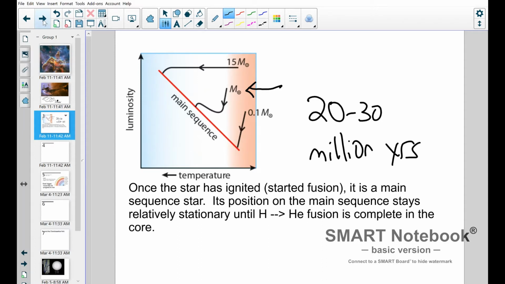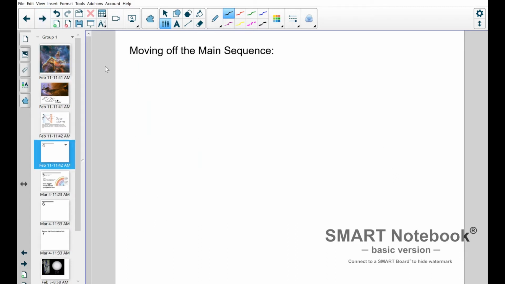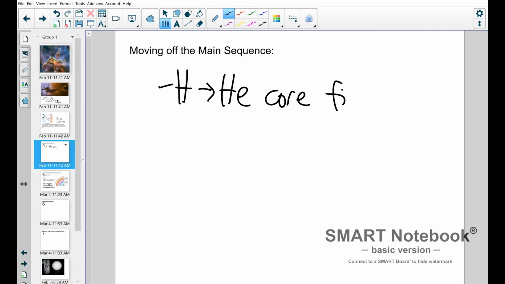We talked a little bit last day when we were thinking about nucleosynthesis, what happens to the star after it moves off the main sequence. So this is when the hydrogen fusing into helium in the core is finished. We remember some of these conditions. There's no more energy release. We had that collapse because of gravity.